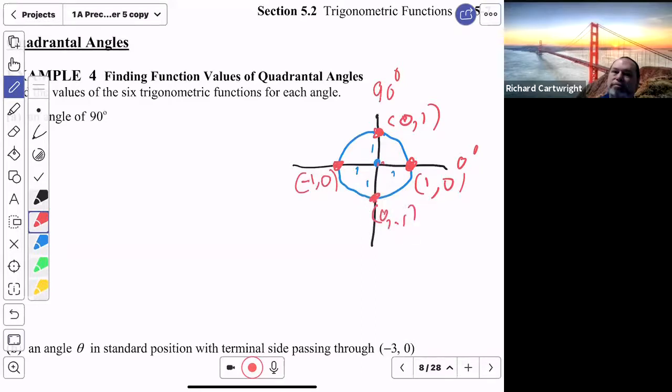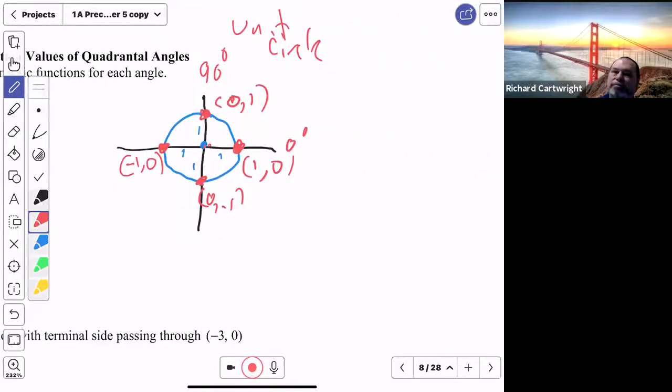Now, you know how I told you how those special triangles are very important? When I start my calculus class, I review special triangles for a little bit. Then I review the unit circle. And what happens is, when you look at these, we know r is always a 1.